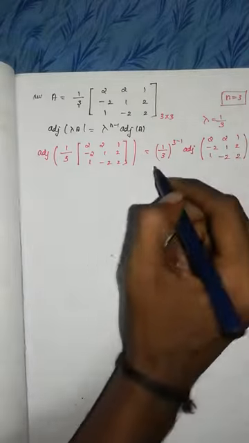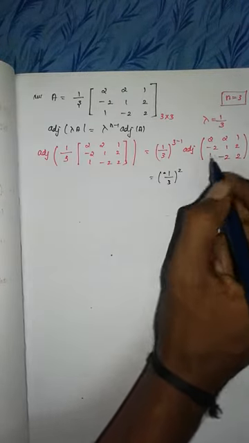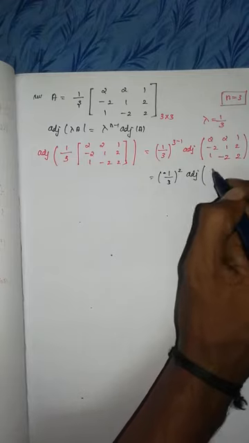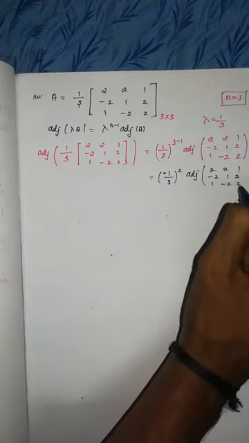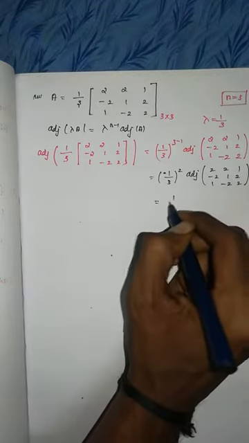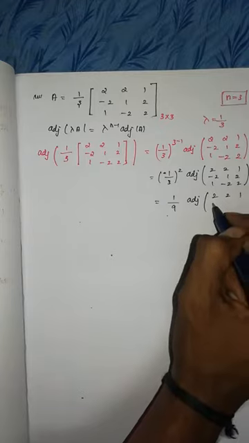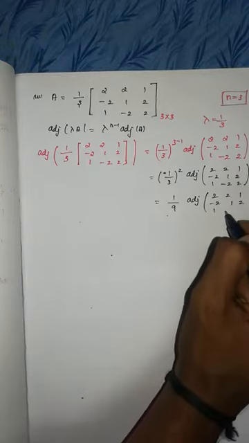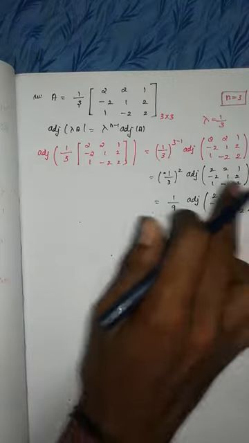So I have 1 by 3 whole square into adjoint of 2 2 1, minus 2 1 2, 1 minus 2 2. So which is 1 by 9 into adjoint of that matrix. So it is easy to find adjoint of this matrix.